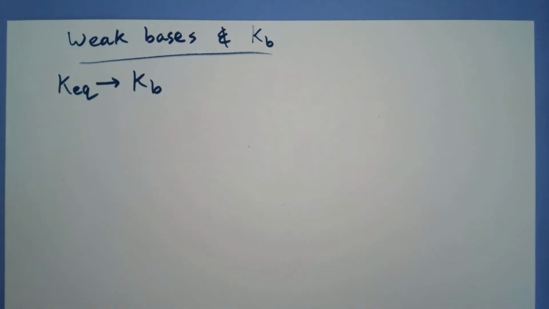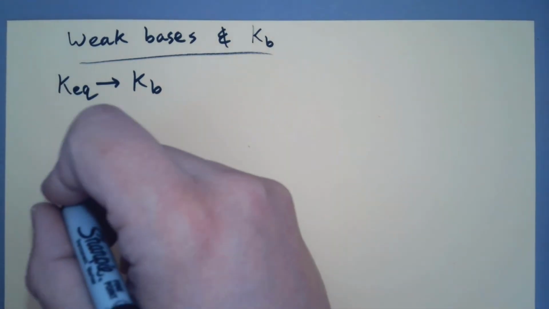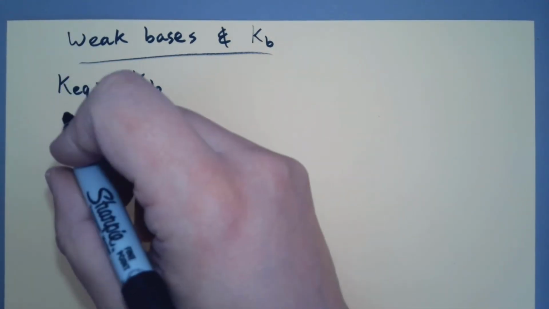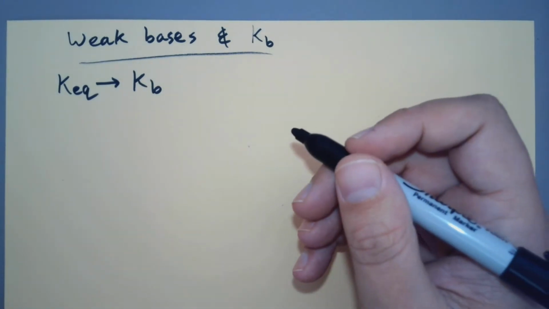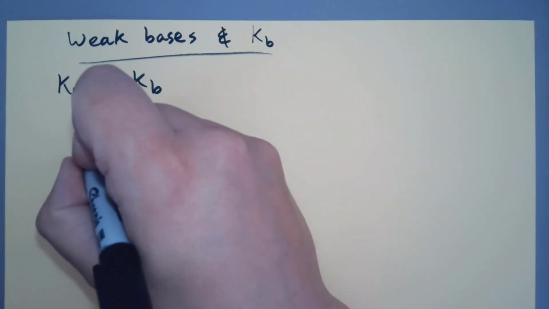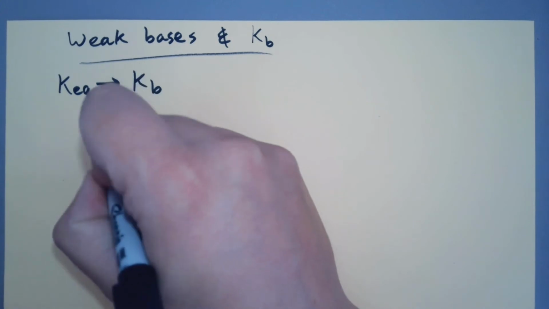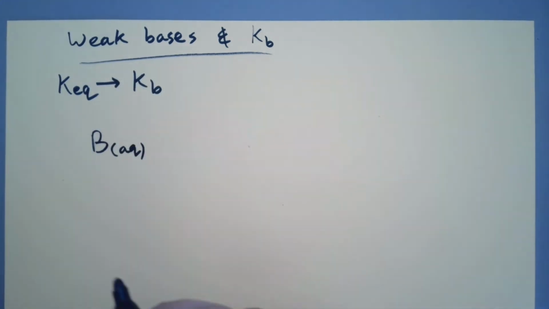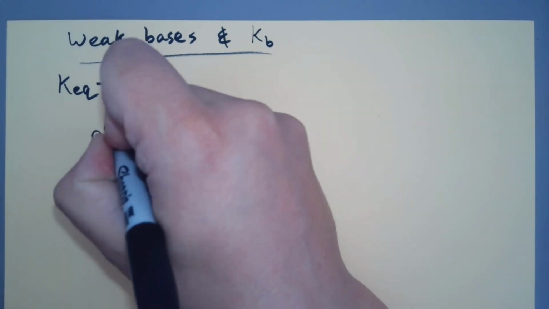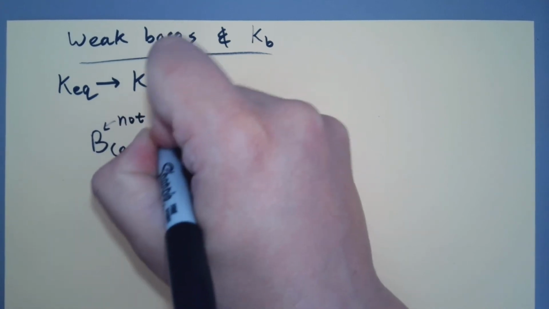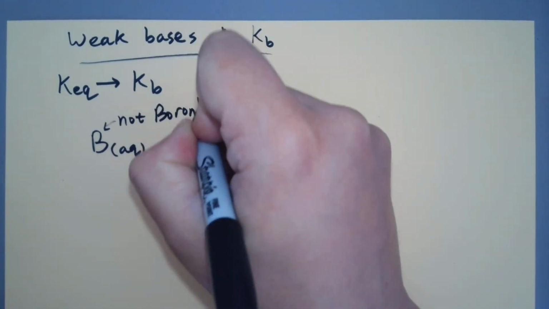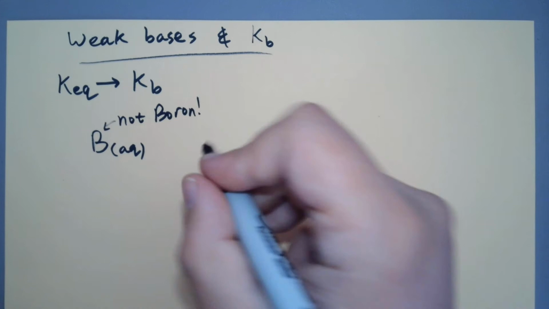So, here's our general formula. You might be able to take a guess at it. We've got B, and I want to be clear, this is not boron. It's not the most unfortunate element on the periodic table. B stands for base here.